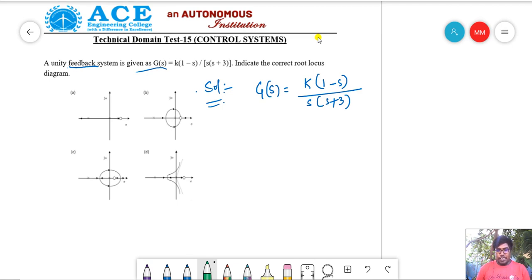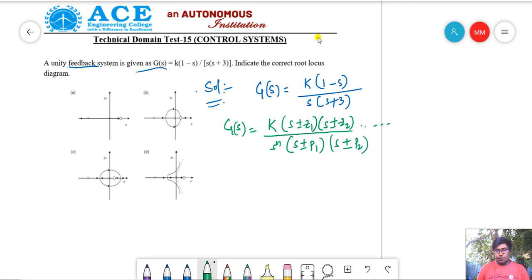Let us see what the standard form actually is. G of s is equal to K into (s plus or minus z1) into (s plus or minus z2) and so on, divided by s to the power of n, (s plus or minus p1) into (s plus or minus p2) and so on.